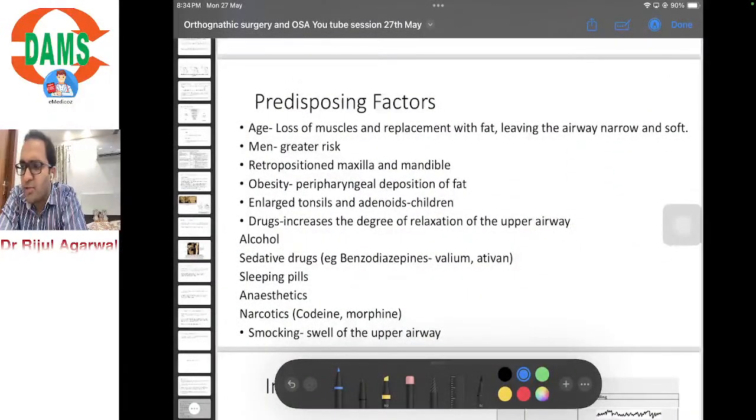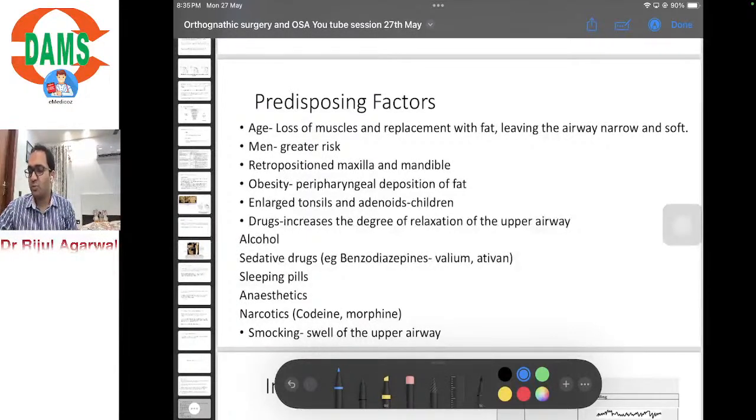So what are the predisposing factors which lead to these obstructive sleep apnea episodes? First is age. With increasing age, there is loss of muscle and replacement by fat, leaving the airway narrow and soft.